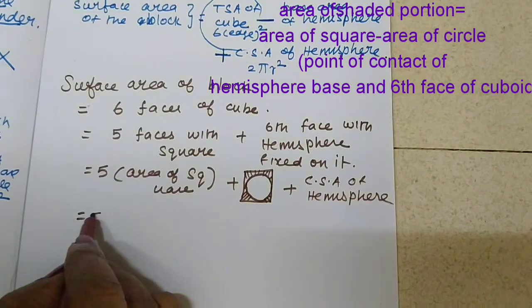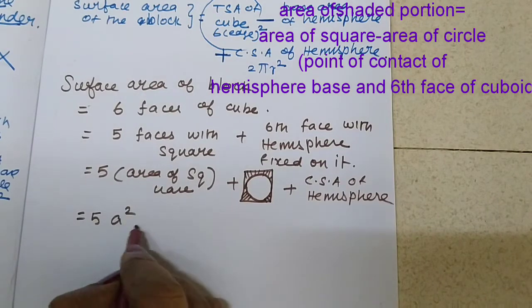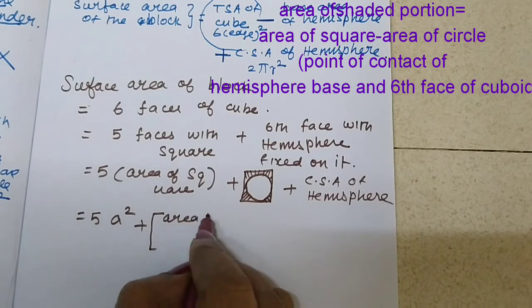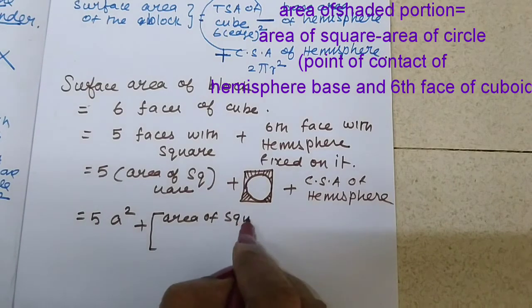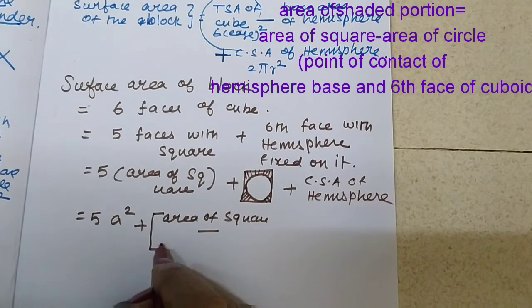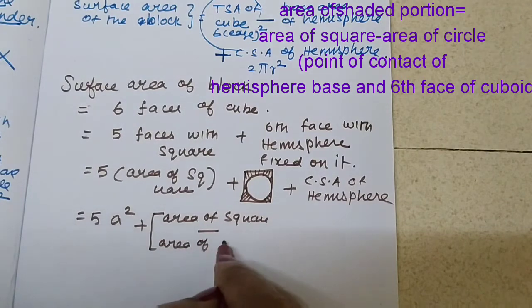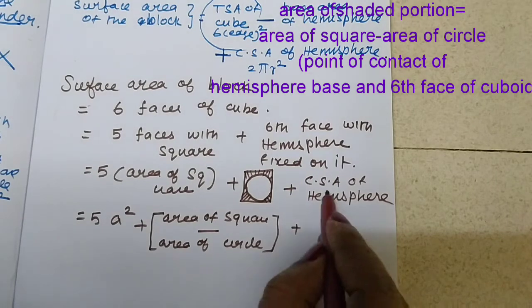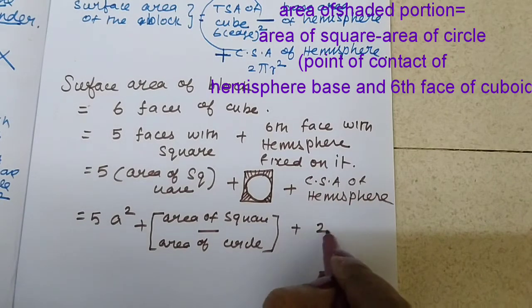So 5 into area of the square is a square, plus this shaded portion is area of the square minus area of the circle, plus CSA of the hemisphere is 2 pi r square.